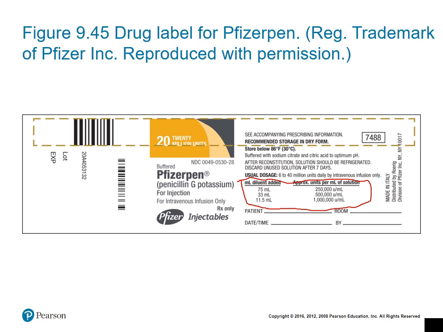So basically whatever strength you're trying to achieve, and this is going to be based on the order that's prescribed for the dose, you're going to add this different amount of diluent. So if you're trying to achieve a 250,000 units per milliliter strength, then you're going to add 75 milliliters of the diluent. And likewise, if you want to get 500,000 units per milliliter, you add 33 milliliters, and so on.